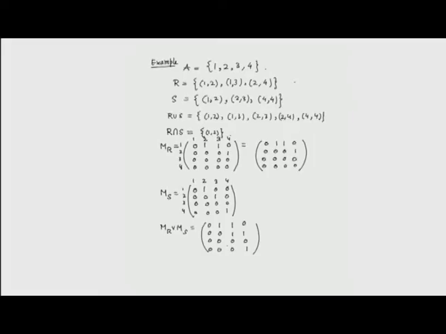Only in the last one, in MS, the 4 entry is 1. So, therefore, I will put a 1 over here and in the rest of the cases it is 0.